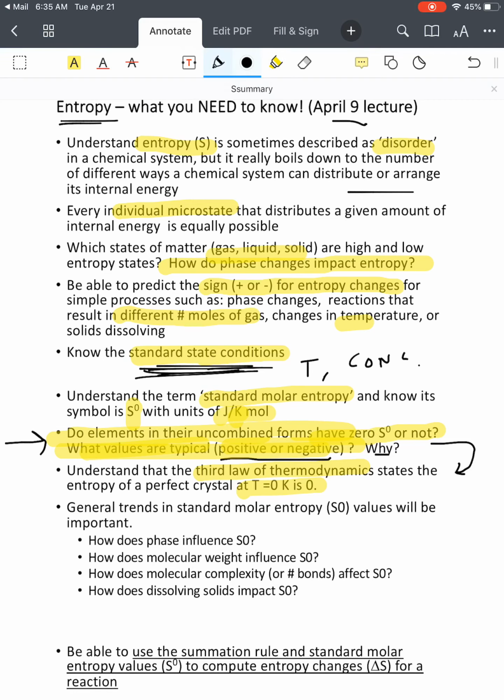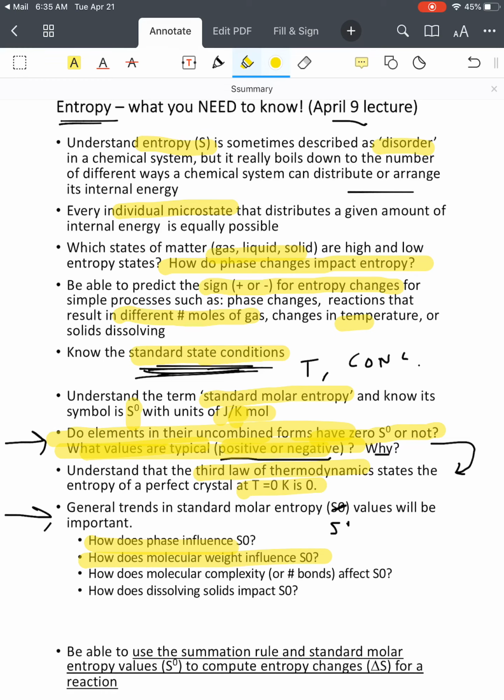Next, I'd like you to know general trends in that standard molar entropy value, again the S0. I didn't use a superscript, unfortunately. In other words, how does phase influence that value? If you go from liquid to solids to gas, how does that value tend to change? What about molecular weight? If I increase the molecular weight, how does that influence my S0?